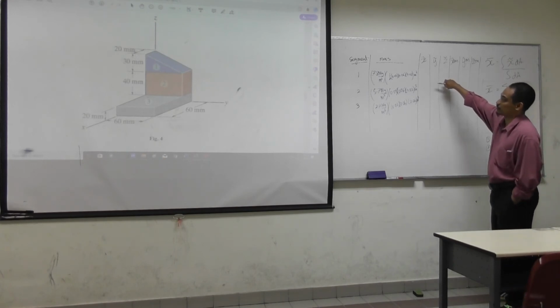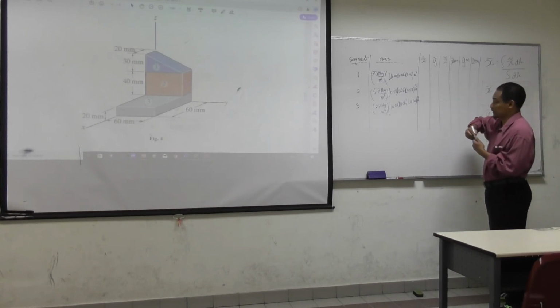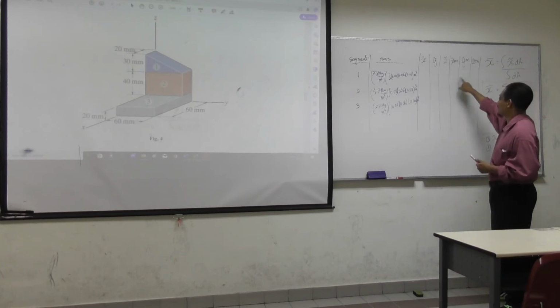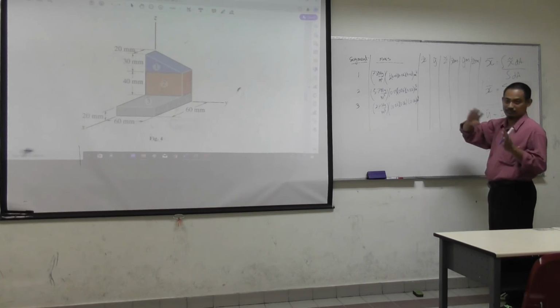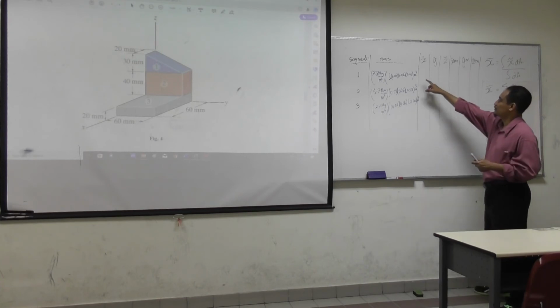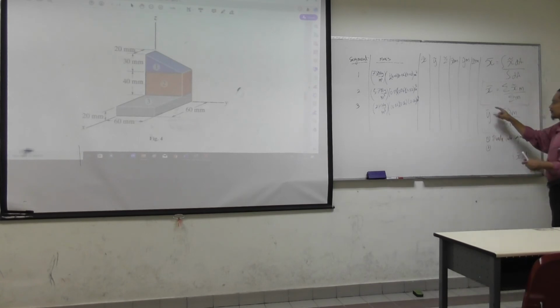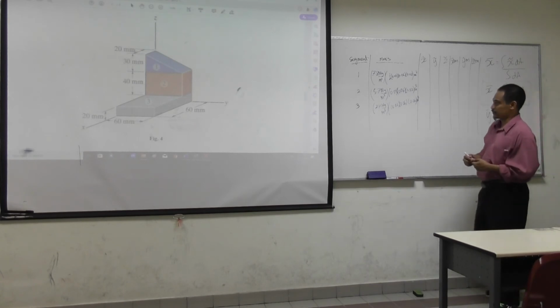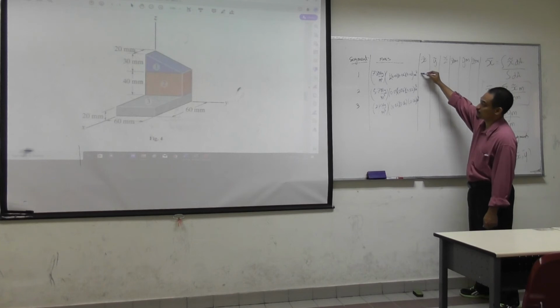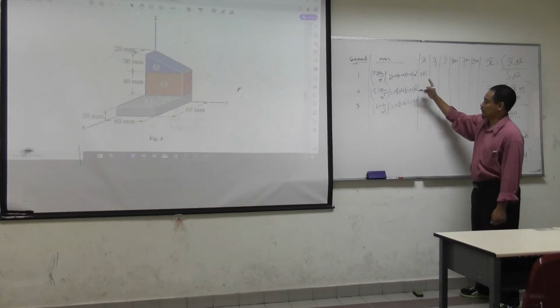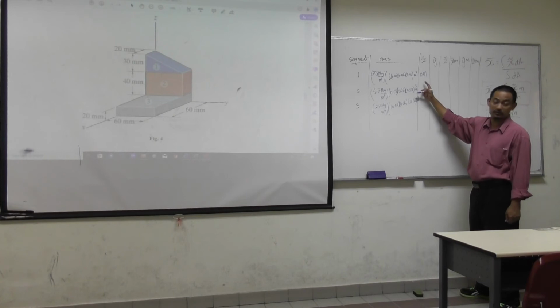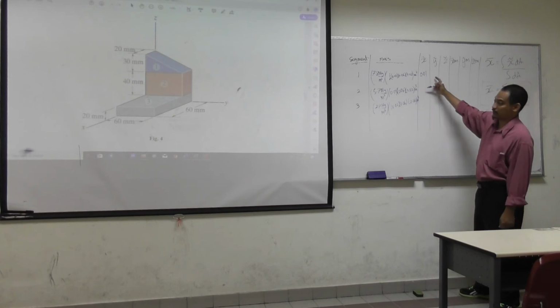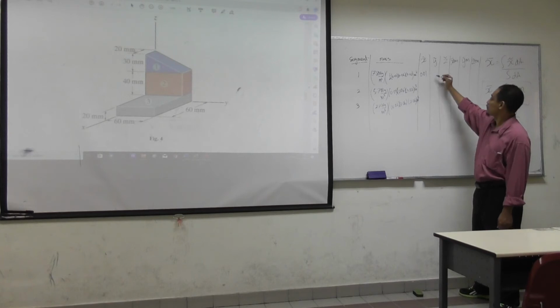What is x bar for block number 1? 10 millimeter. When you want to multiply, make sure the units tally, because otherwise whatever we have here will be in different units. If you use meter, then it will be 0.01. Everyone understand why it is 10 millimeters? Understand? Y bar? 0.02.